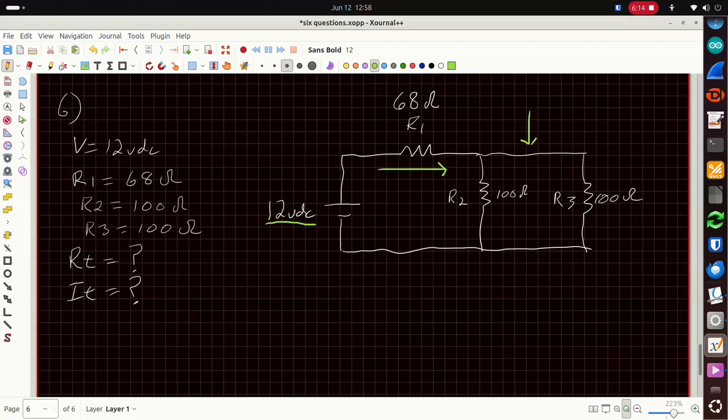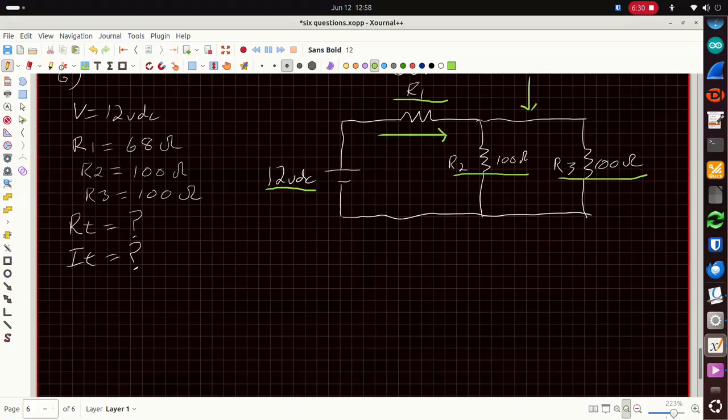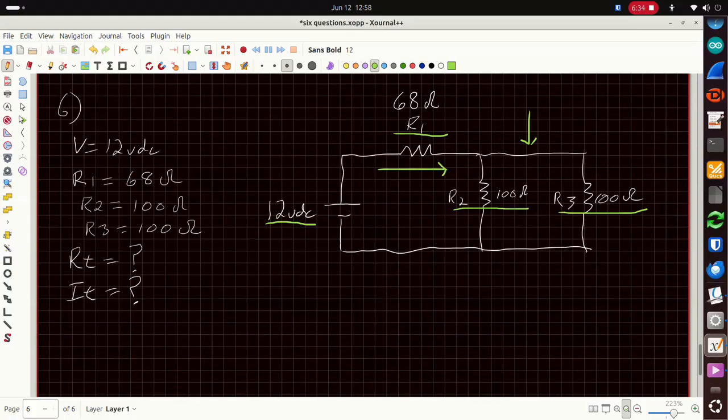So what we need to do is find out what RT is in this instance, and then once we know RT, we can figure out what the current, IT, is. The 12 volts DC source of power, R1 is 68 ohms, R2 is 100 ohms, and R3 is 100 ohms. So those are our 6 questions.